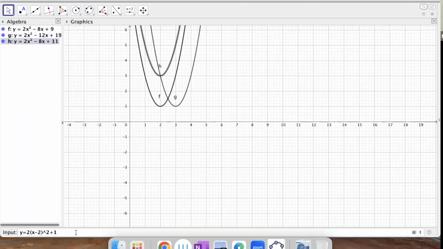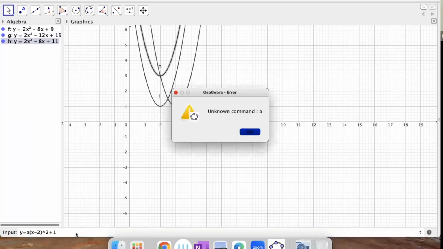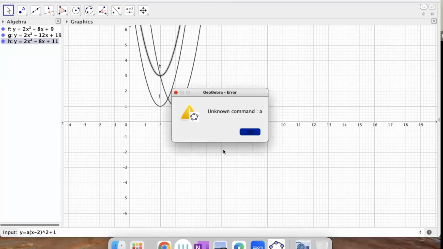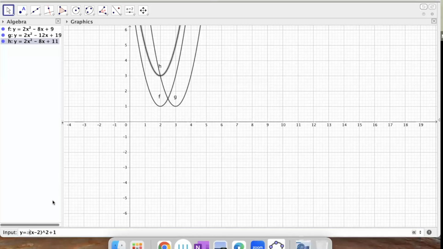And for this 2, I've mentioned it as a. Oh, I need to have a variable.